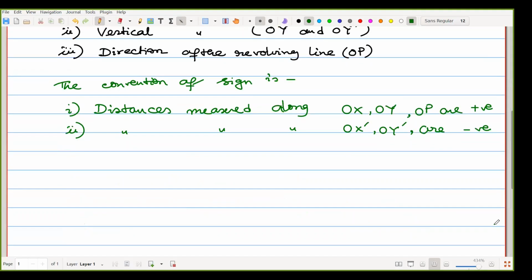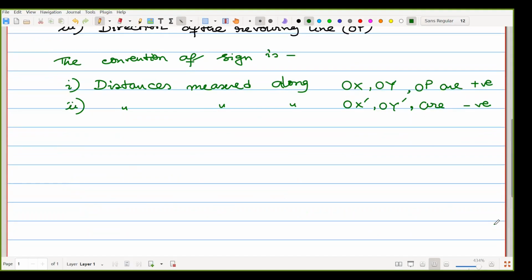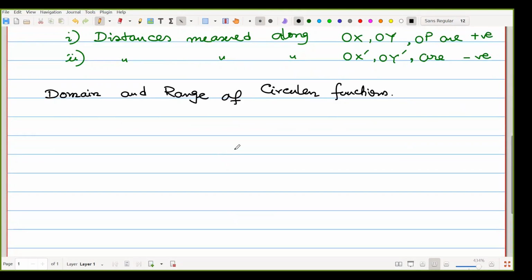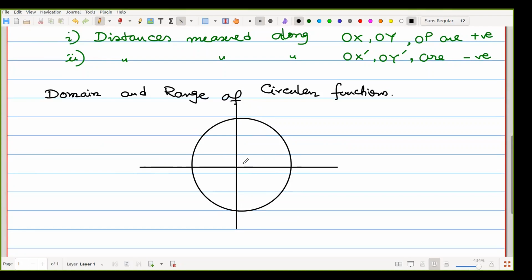So according to that, we have to think about another topic. That one is known as the domain and range of circular functions. Remember the last class, we already had a unit circle and the coordinate system.